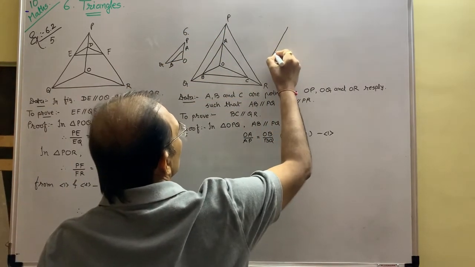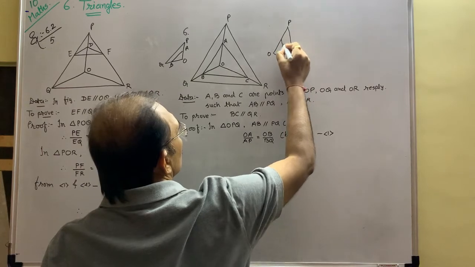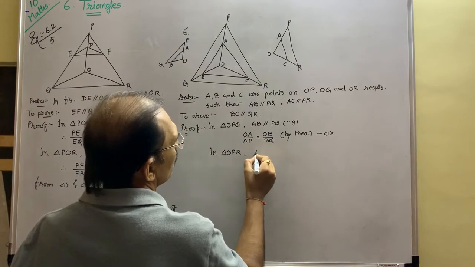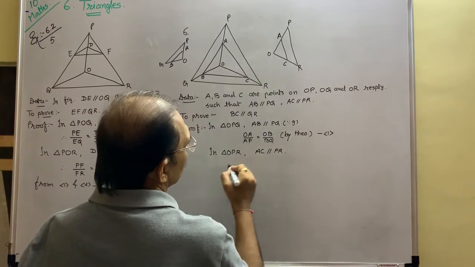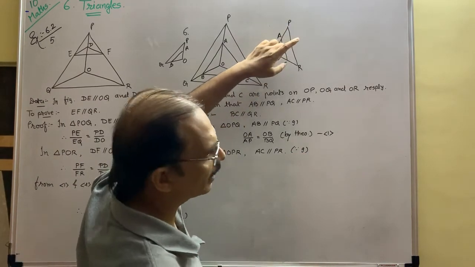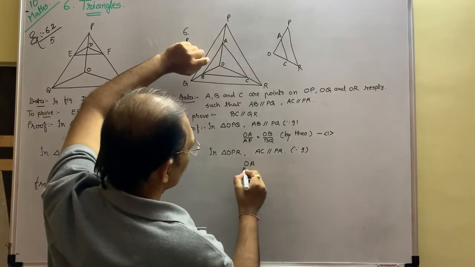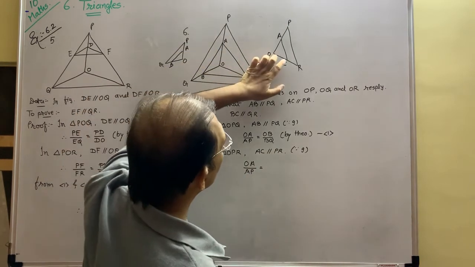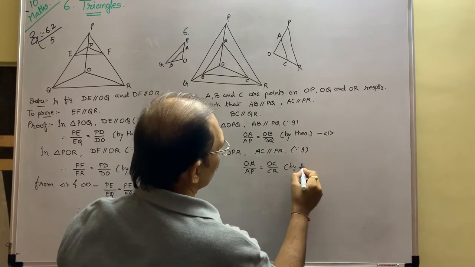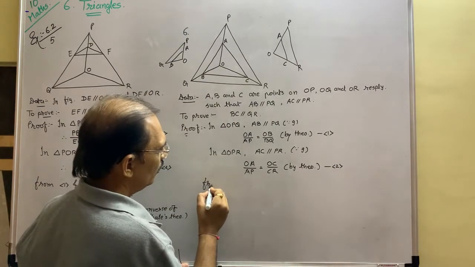Second, it is given AC is parallel to PR. So we select triangle OPR. In triangle OPR, AC is parallel to PR, given. If AC is parallel to PR, then sides are in the same proportion. Which sides? OA upon AP is equal to OC upon CR by theorem. Result number 2. So from 1 and 2, compare.